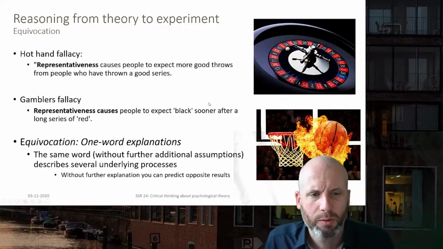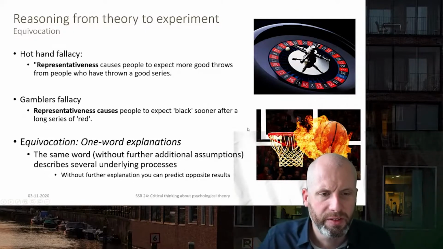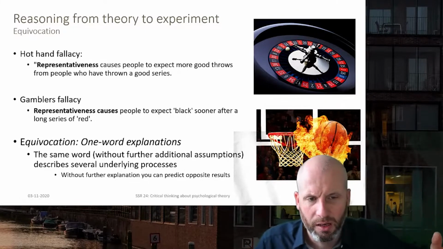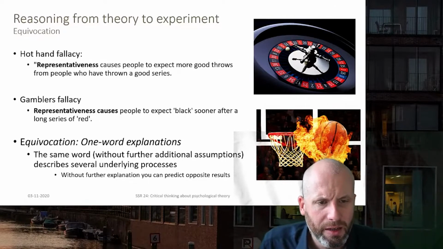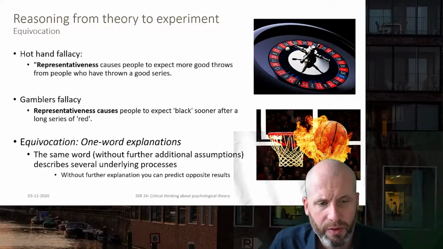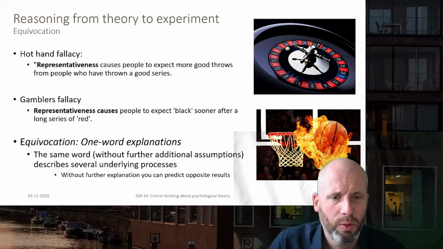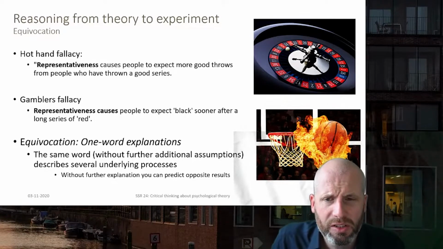And if we're then saying that we're testing the representativeness heuristic explanation or prediction or theory, in this case, just alluding to representativeness heuristics could lead to completely opposing predictions, right? And you've actually already seen this, right?